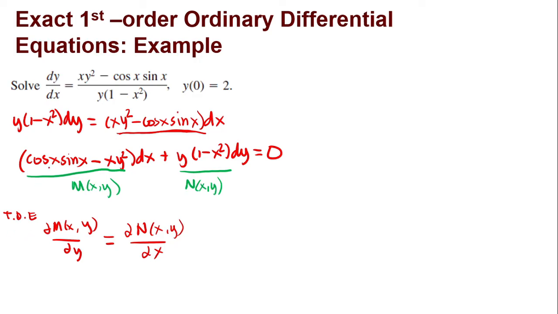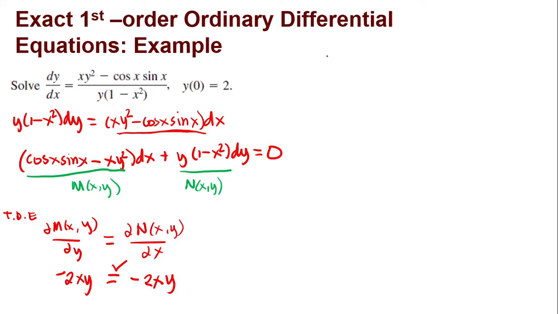The partial derivative of M(x,y) with respect to y gives negative 2xy. The partial derivative of N(x,y) with respect to x is also negative 2xy. So by the test of exactness, we have an exact differential equation.